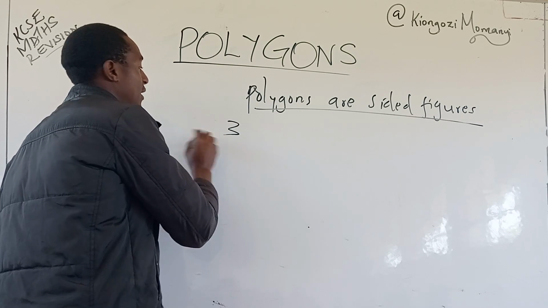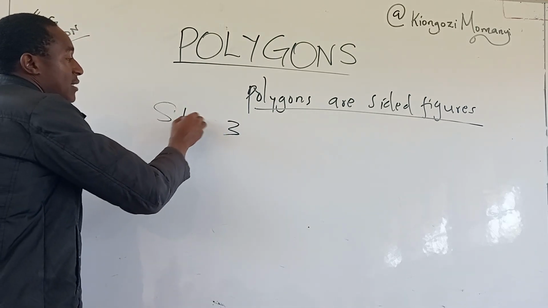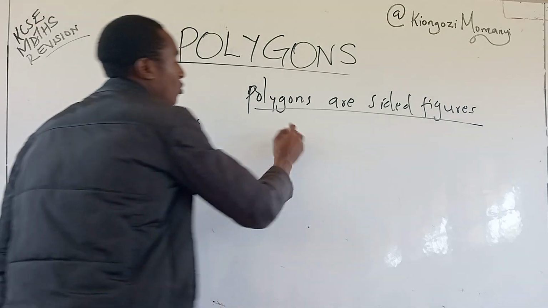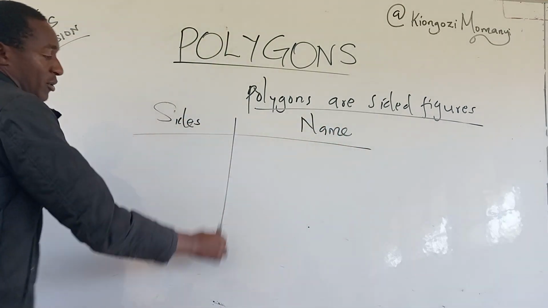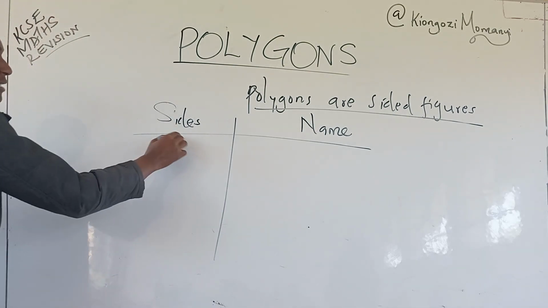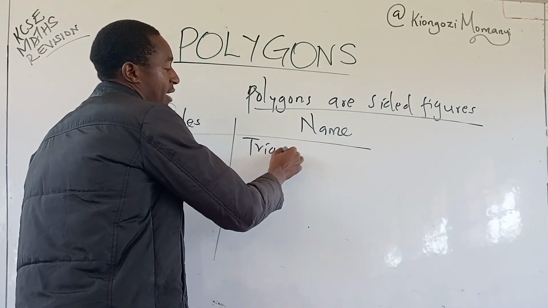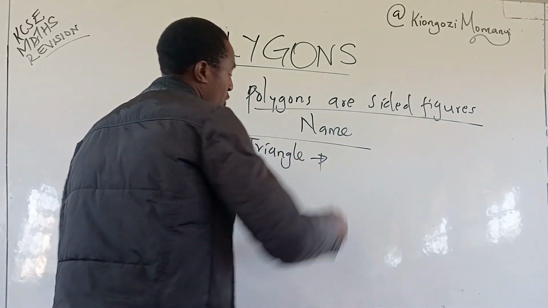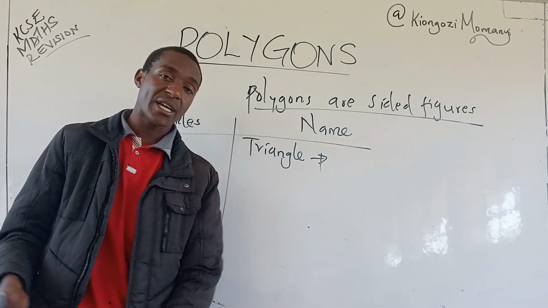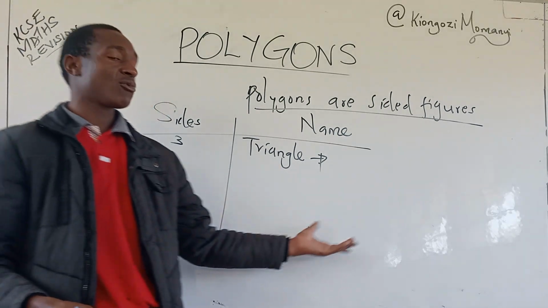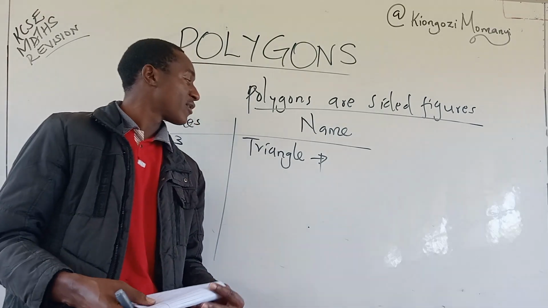When we talk about sided figures, we talk about figures from three sides. Let us put a small table here. If you start with sides here, then you give the name of that polygon, just briefly. Three-sided figure is called a triangle. We have several types of triangles: isosceles, equilateral, scalene, right angle triangles, and several of them.